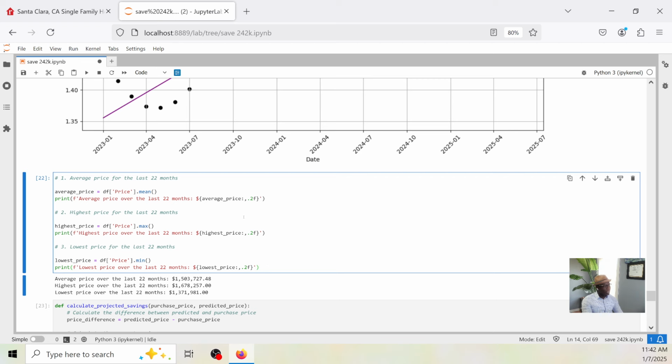Now we need to arrive at a recommendation or a decision for users, investors, buyers, sellers alike. And to arrive at that recommendation, I'm going to take a look at the historical values and make a data-driven recommendation.